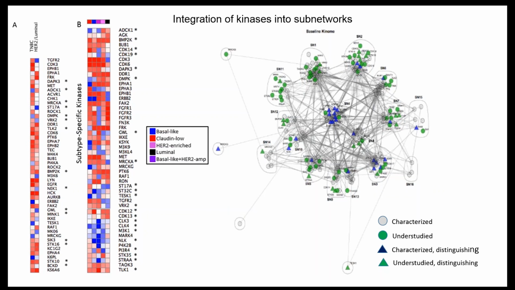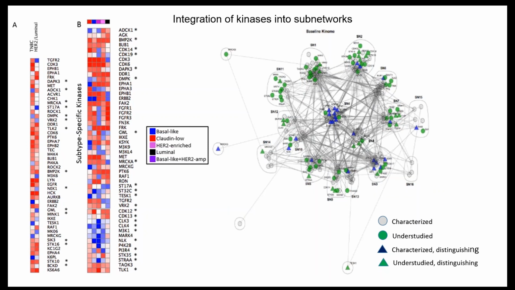Now, we've taken our MIB binding data, the multiplex inhibitor bead binding data, and coupled this with stimulus-dependent phosphorylation of the different proteins, as well as protein-protein interaction maps that have been characterized and are on the web, not work from my laboratory.